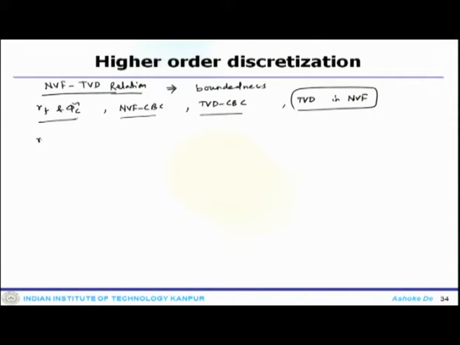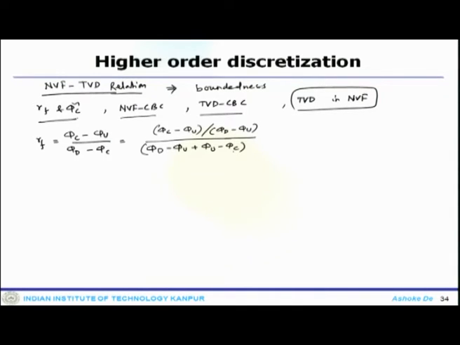The definition of Rf says it is the ratio between two consecutive gradients, which is phi c minus phi u divided by phi d minus phi c. Now, one can write the denominator as phi d minus phi u plus phi u minus phi c.